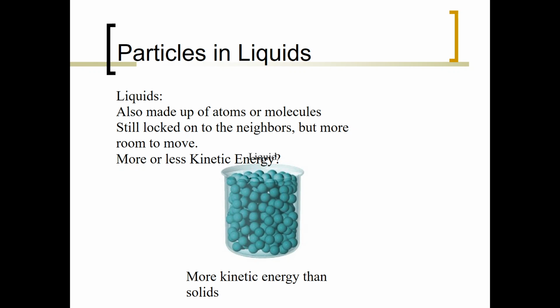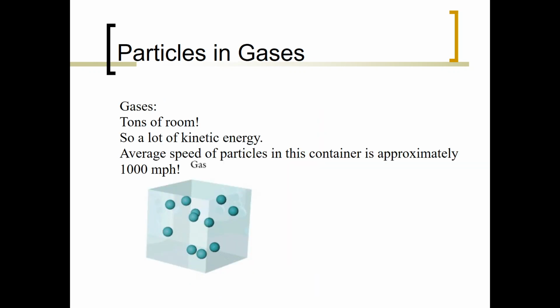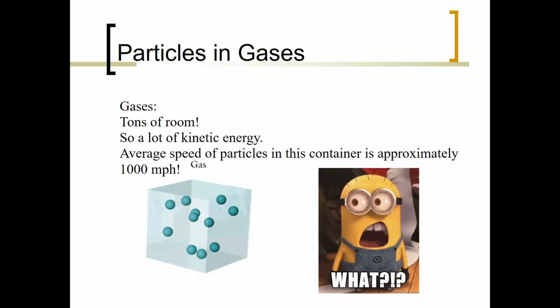So you could think of this as like people walking down a tightly packed mall. There's a lot of people. They're constantly bumping in or unable to run at full speed because there are just too many people in the way.